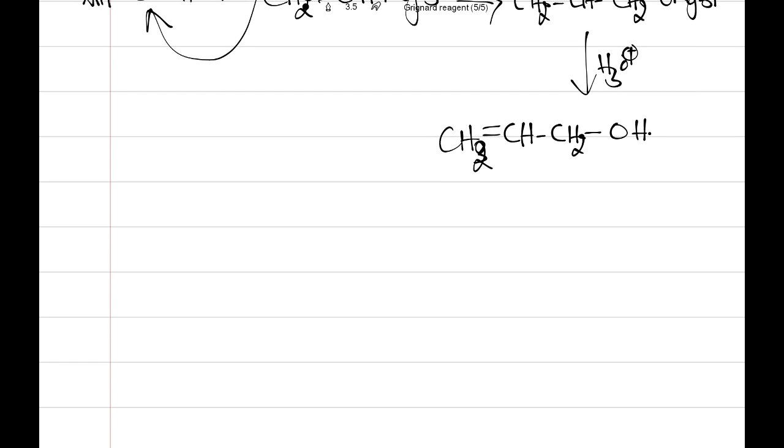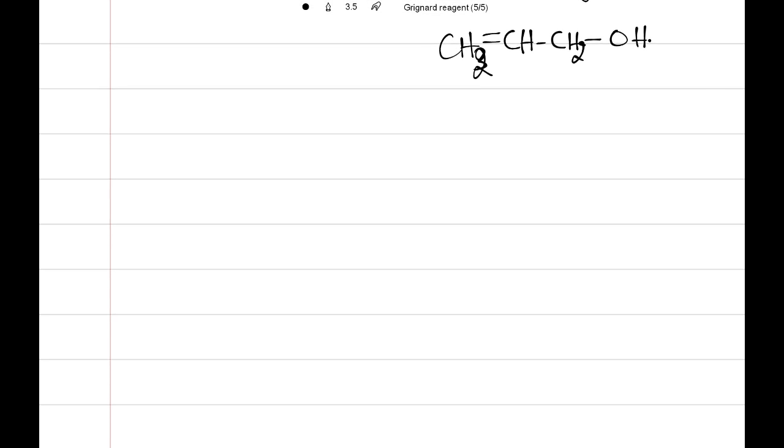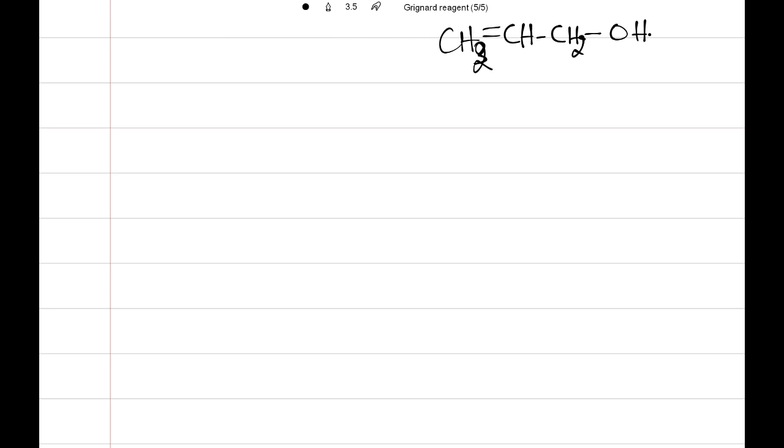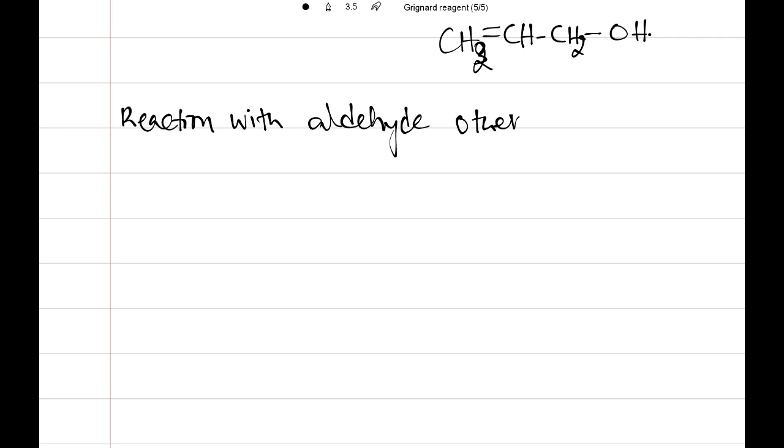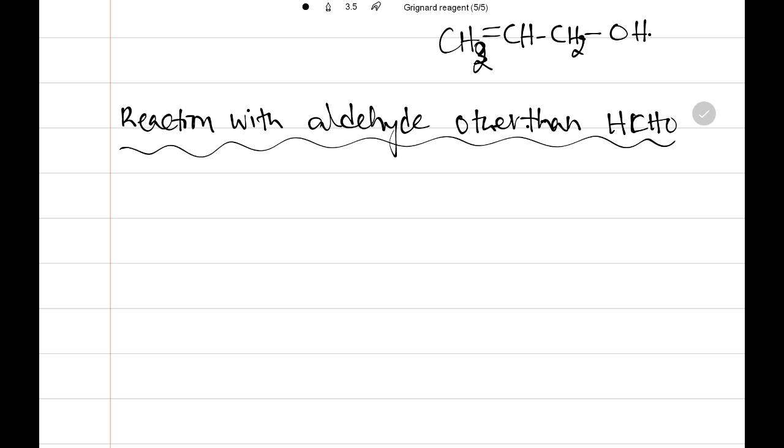Next, reaction with aldehydes other than formaldehyde, meaning any remaining aldehydes. What is the product of the reaction?